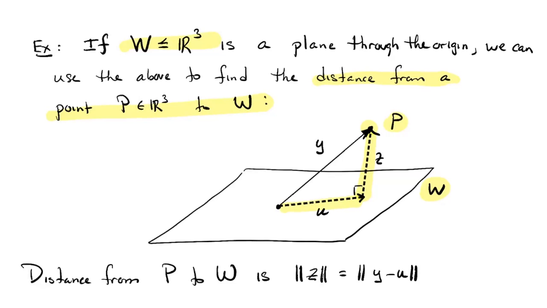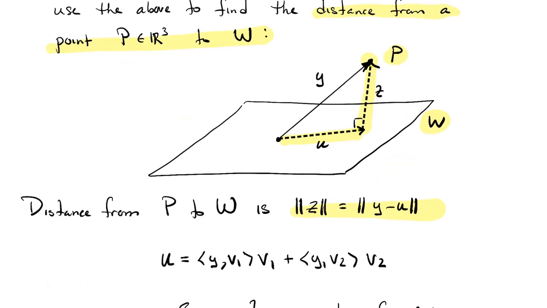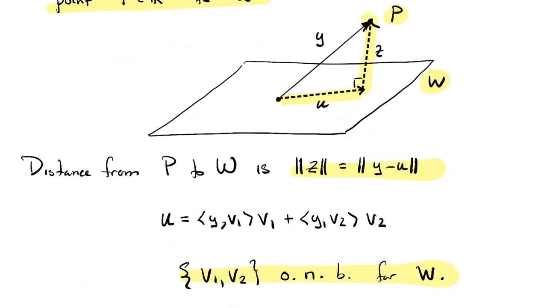So the distance from P to this plane W is just the length of that z. It's the length of y minus u, where u was defined in the theorem above. And that is, if you take an orthonormal basis for W, you define u by letting it have the Fourier coefficients of y in that orthonormal basis for W.